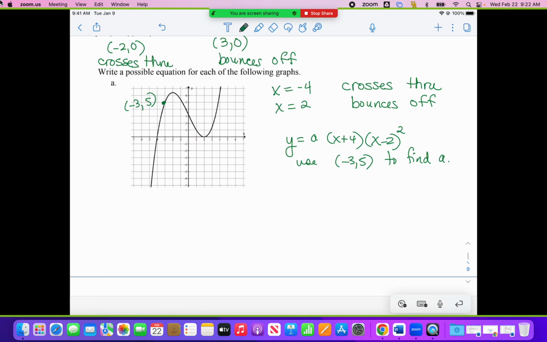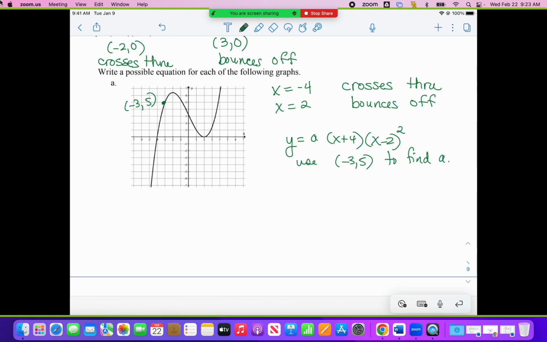Now I want you to also notice the end behavior. Do you see it's a down up? If it's a down up, what type of exponent should it have, even or odd? No, evens are up, up, or down, downs. So when you have one of each, I'm talking about the end behavior, it's a down up, so that should be odd. Well, look, I have an x plus 4 and an x minus 2 squared. That's x cubed, right?